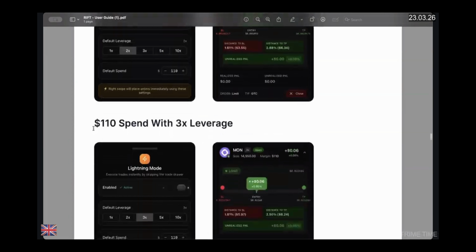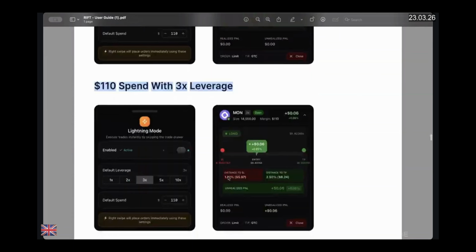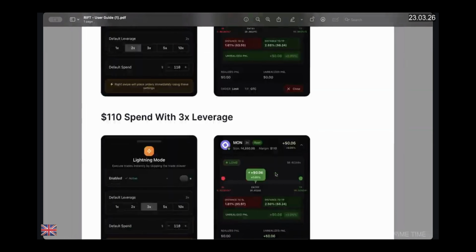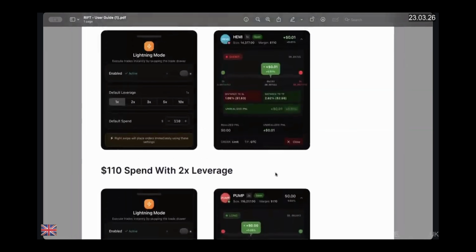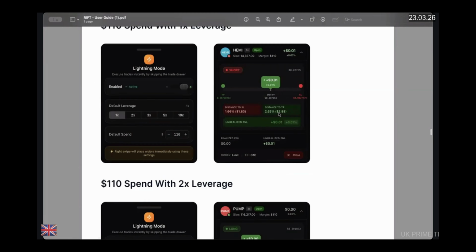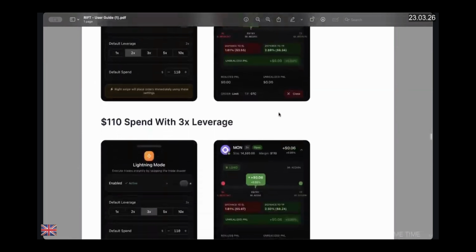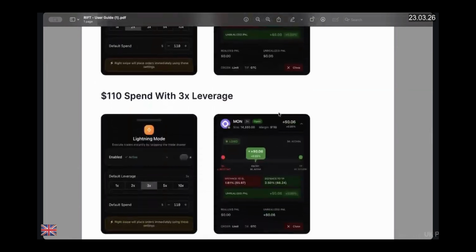So $110 spent with 3x leverage gives you a stop loss point at $5.97 and a take profit point at $8.24. The same trade which was giving you $2.88 without leverage is now giving you $8.24. This is the whole outcome of the customization if you use it wisely.